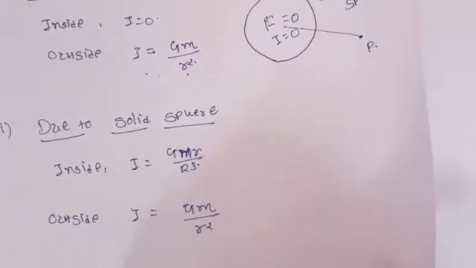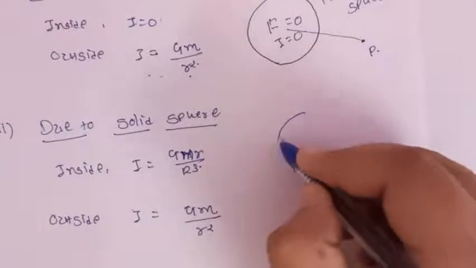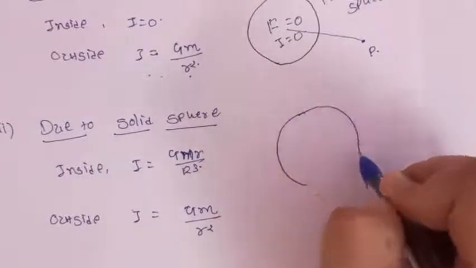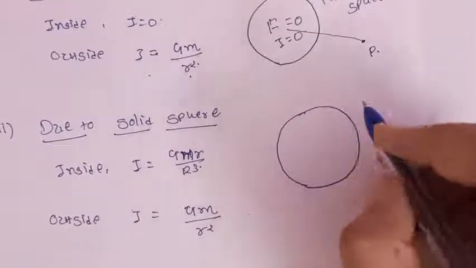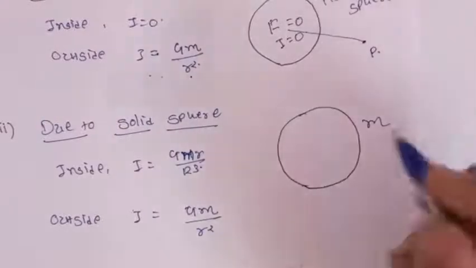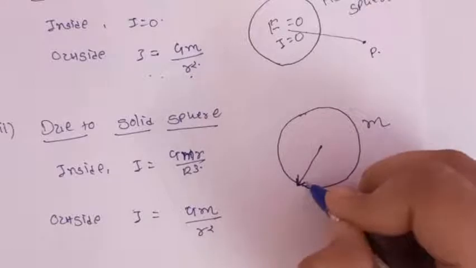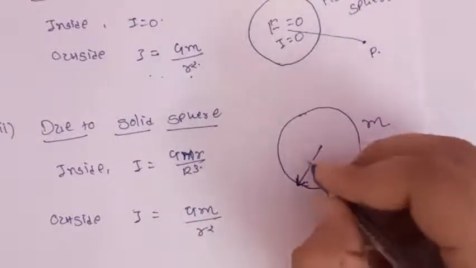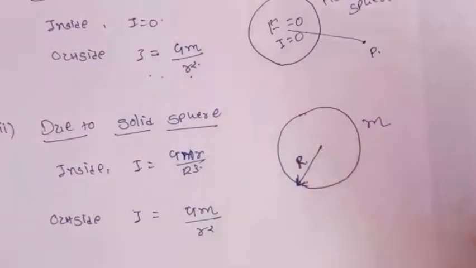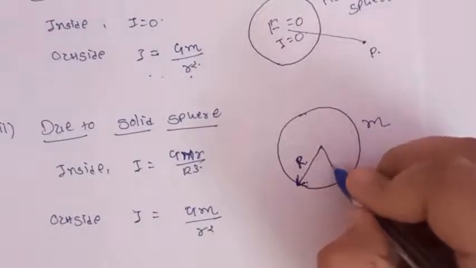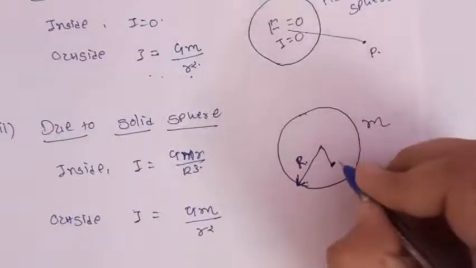Now, due to solid sphere, let's say this is a solid sphere of mass M and radius capital R. First, we will find the gravitational field at a point inside.